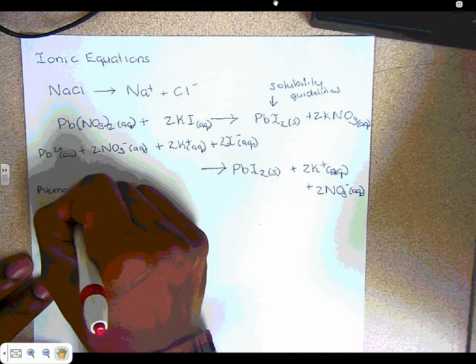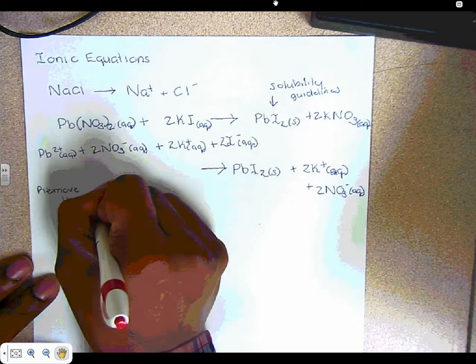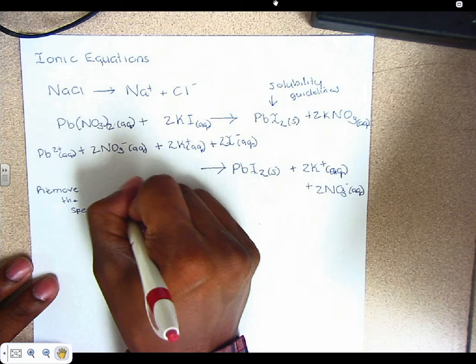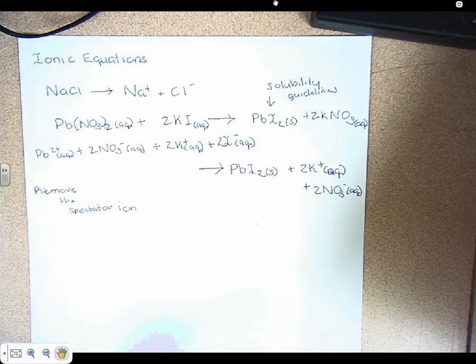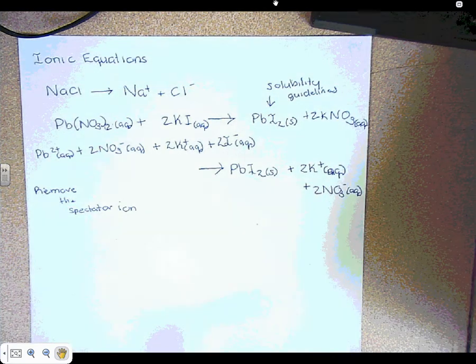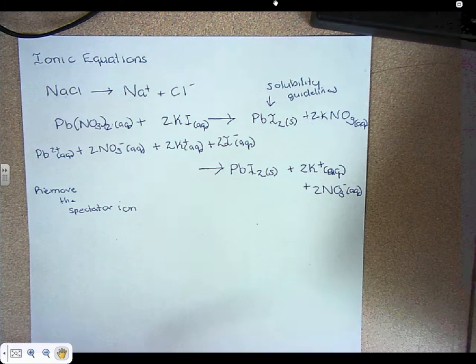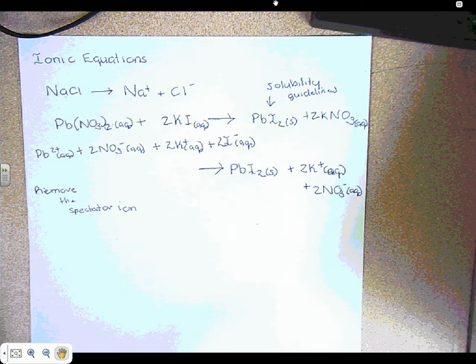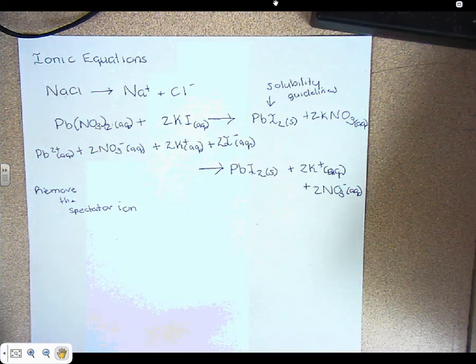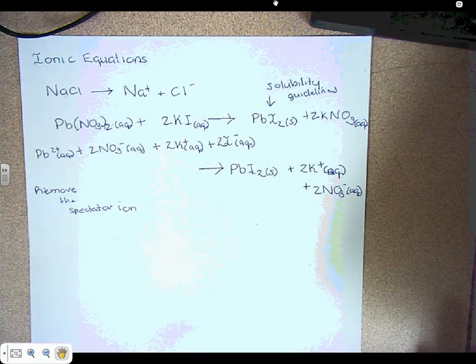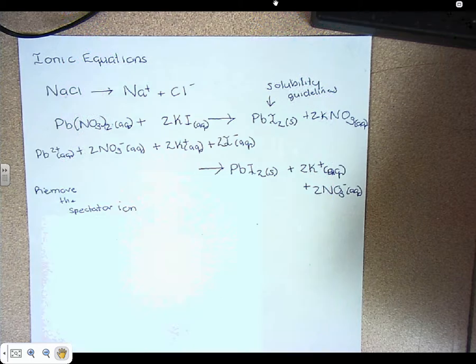Spectator ions are basically ions that are part of the equation but are there on both sides, and they're almost null and void, so to speak. They appear in identical forms on both the reactant and product side, so they're not playing any direct role in the reaction. They're not chiefly responsible for the formation of the product.